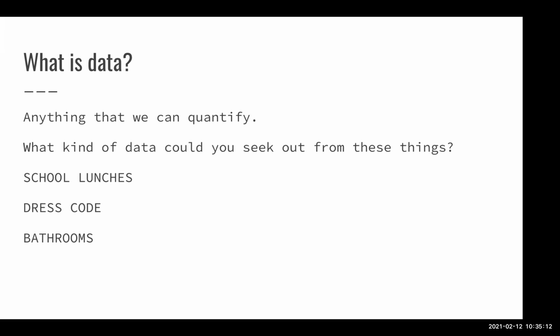So all of these are things that you could do with data. Data is not limited to COVID numbers, even though that is one that you should definitely be looking at if you're not already: vaccination numbers, how many teachers are vaccinated, how many students are vaccinated.